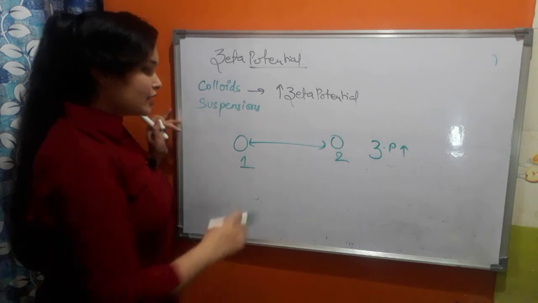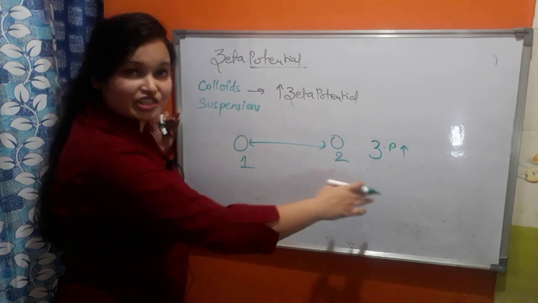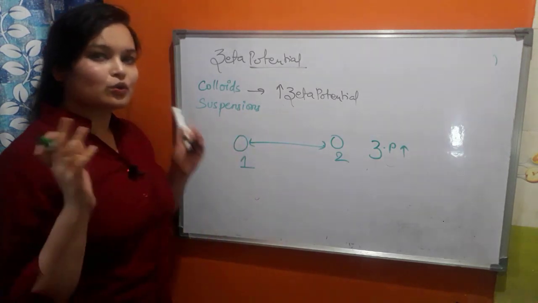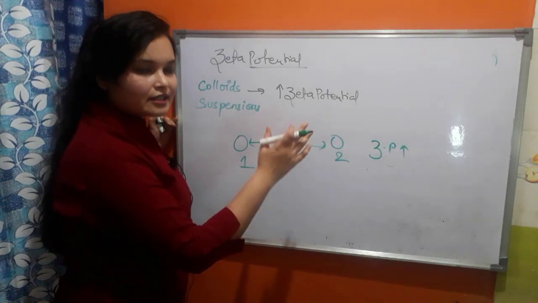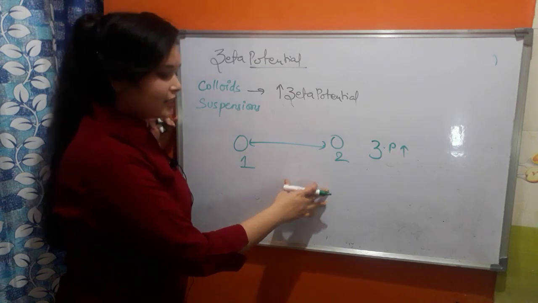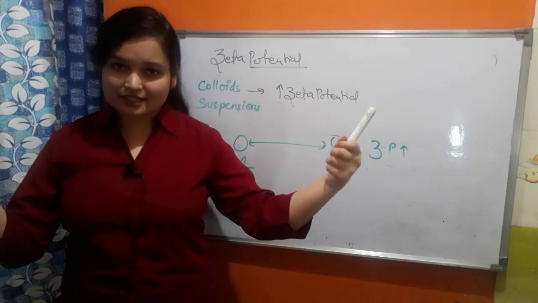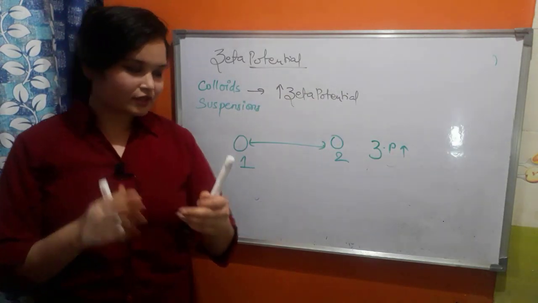That means if this particle is at a larger distance from that particle, they will still be able to repel each other. They don't need to come closer to have some kind of repulsion. With larger zeta potential, these two particles will be repelling each other at a longer distance. So they will not come closer to each other.